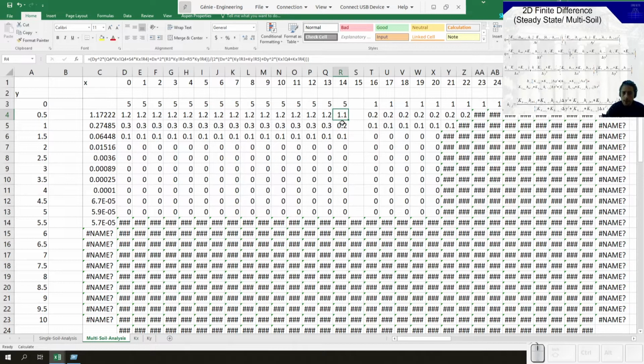In our boundaries here, in terms of kx, we go from qs, but we go q and q, and the same thing is r and q. Okay, for kx.